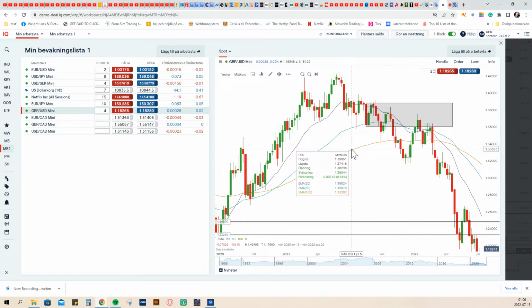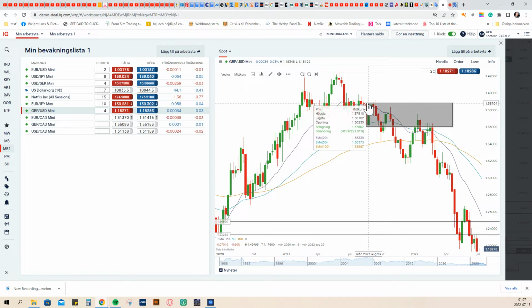But of course, in this case, you can also, as I said earlier, go halfway, because using this mother bar you can take your entry halfway. So you go in here, and here it goes against you. If you have your stop loss here, you will not get stopped out.